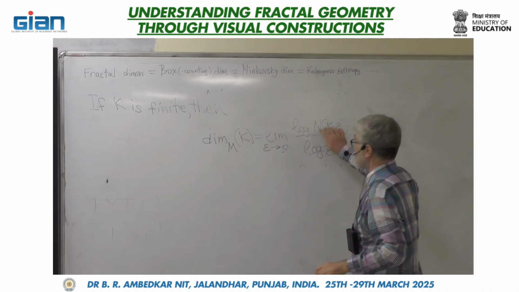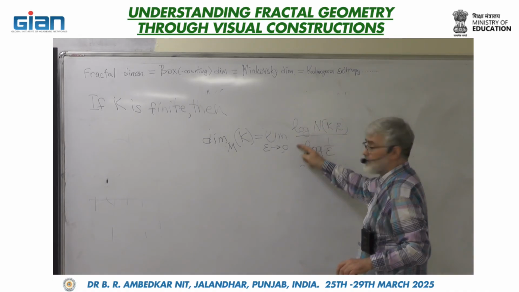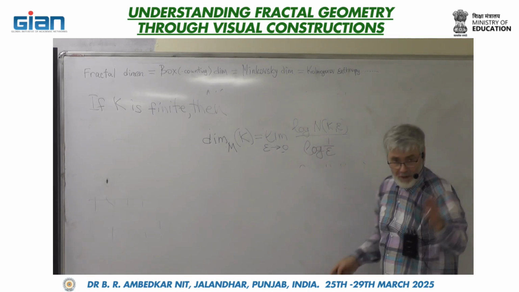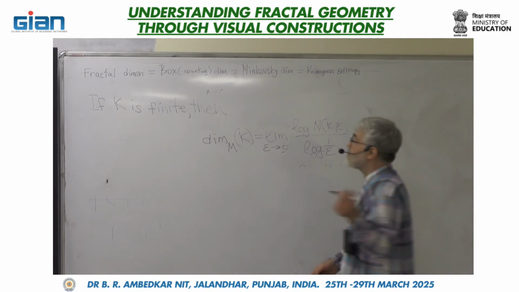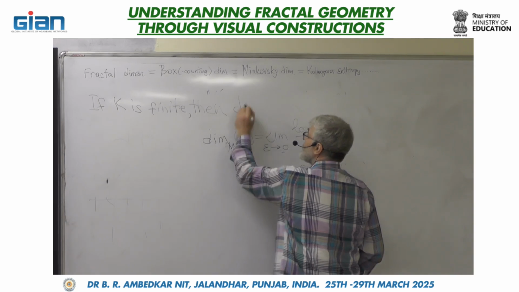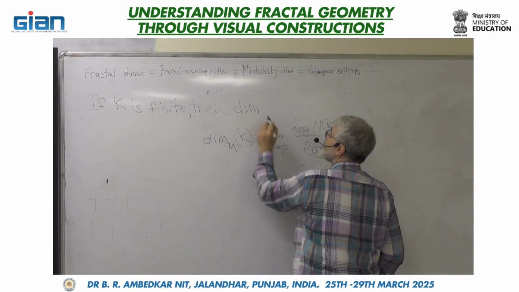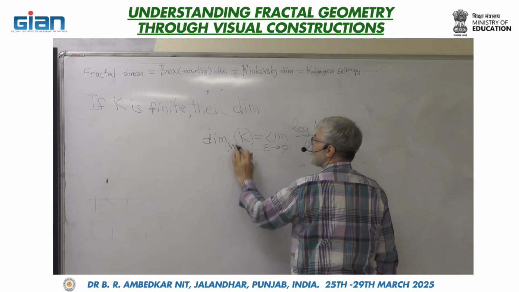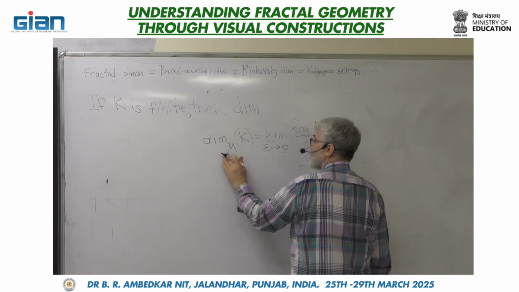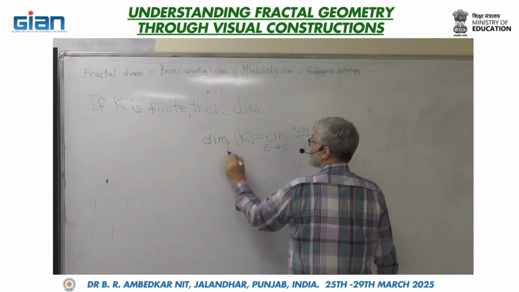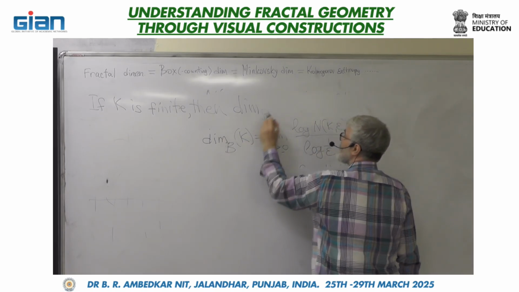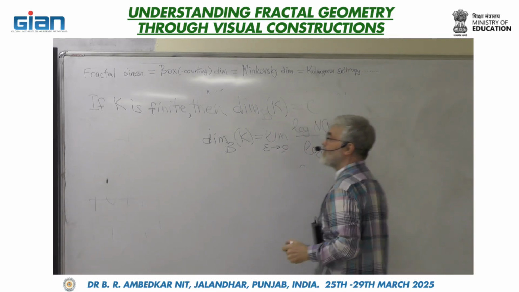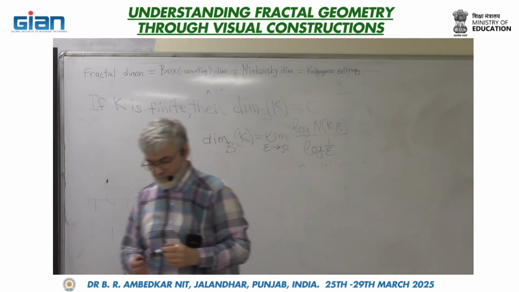Therefore, we have a constant N, and this logarithm tends to infinity, and we get 0. Sometimes it is denoted as Minkowski dimension or as box dimension. So we have the box dimension of K is 0 if K is finite.